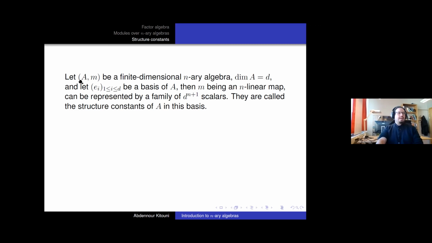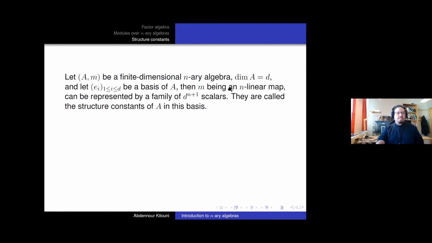So let's take a finite dimensional n-ary algebra A with dimension d and a basis e_i of A. Since there are not so many possibilities of structures on a vector space of dimension d, the only thing that changes and is important is the multiplication m.